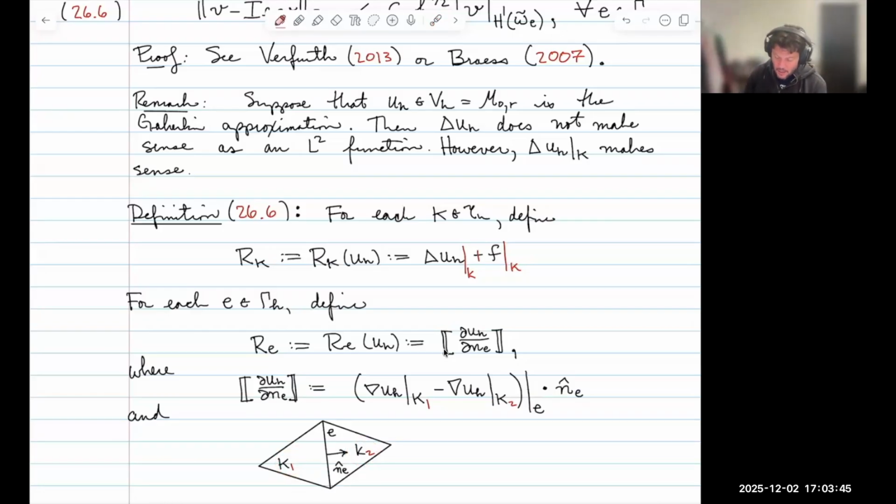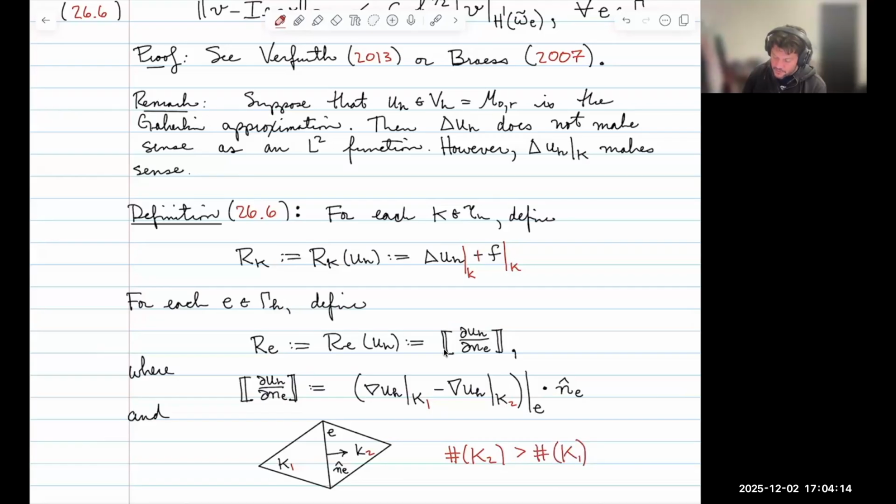So I'm going to pick the edge normal to be the direction pointing into K2, with the understanding that in the construction of my mesh, the number of K2 is strictly greater than the number of K1.